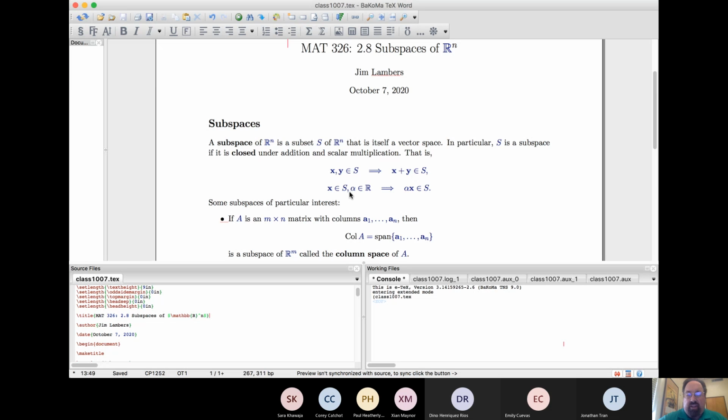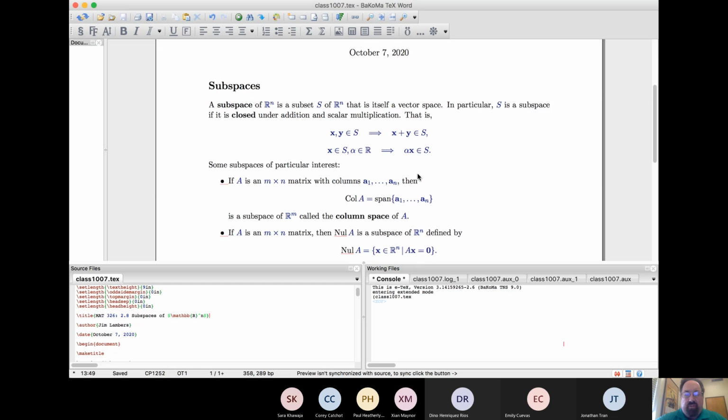If I multiply by a scalar, the third coordinate will still be 0. So everything works. But if I consider all vectors in R3 where the z coordinate is equal to 1, that would not be a subspace, because if I add them together, the z coordinate is now 2, so it's not in the set. So those are examples of things that are or are not subspaces.